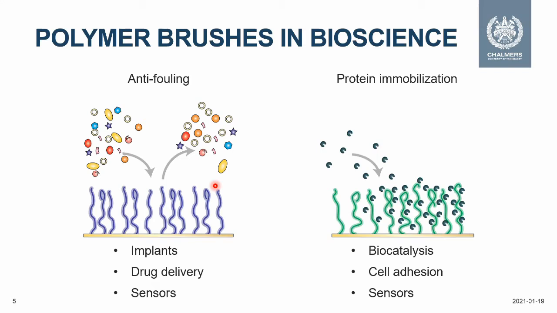The second application is immobilization of a specific kind of molecule. For instance, polymer brushes can be used to immobilize and store enzymes on a surface to perform biocatalysis in the production of food and pharmaceuticals. It can also be used to promote adhesion of cells to surfaces, or to bind receptor molecules for use in biosensing.